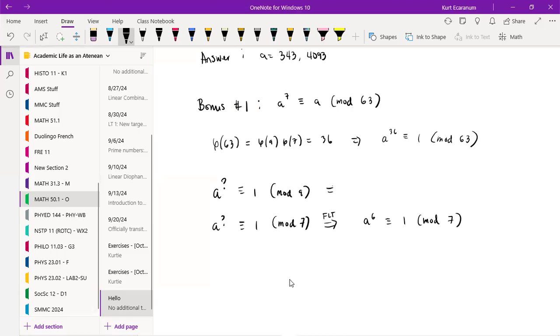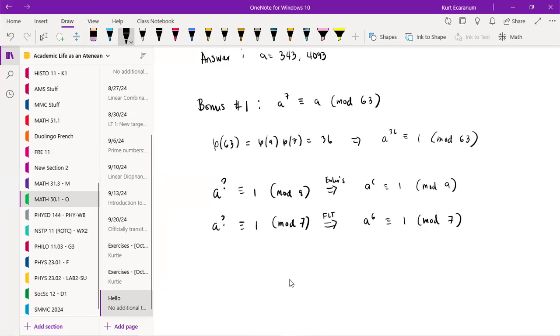This one, 9, is not prime, so by Euler's, a to the 6 is congruent to 1 modulo 9, since 6 is phi of 9. And wow, they have the same exponent, a to the 6.